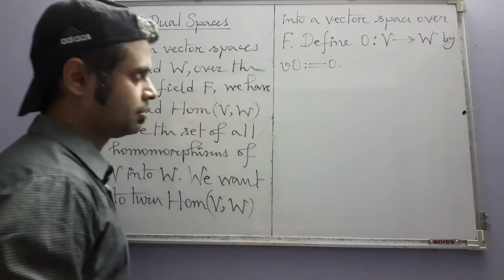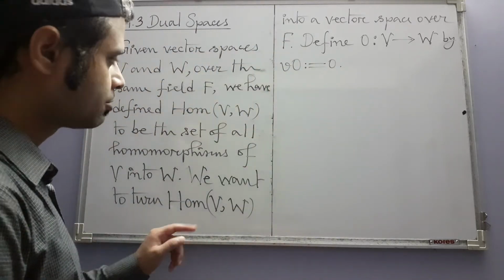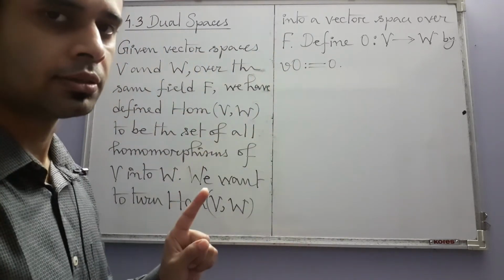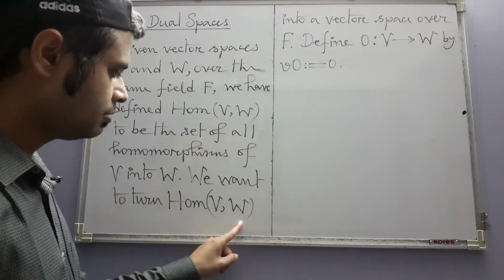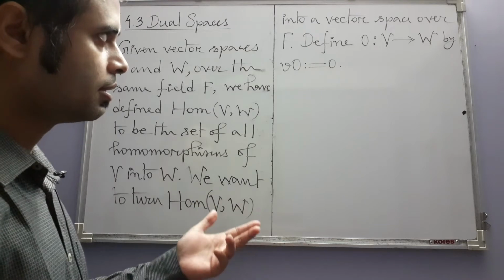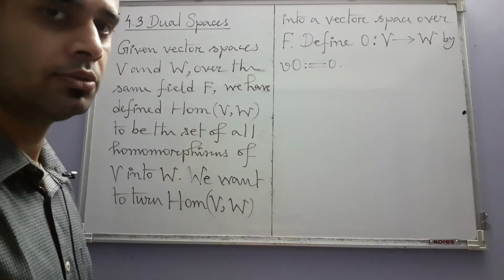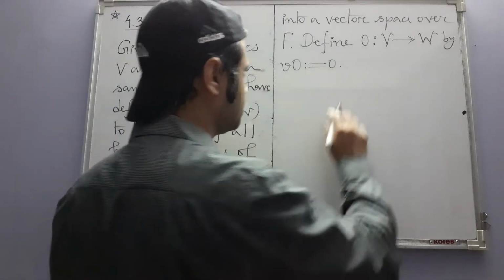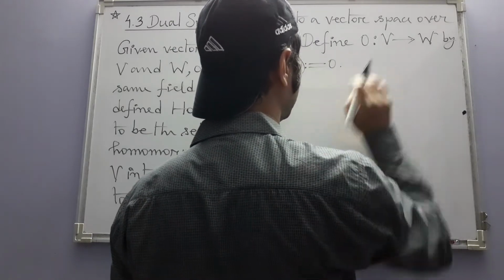Now our aim, first of all, is to show that this 0 function is an element in this set. That means we have to show that this function is a homomorphism from V into W. To do that, we proceed like how we usually do.